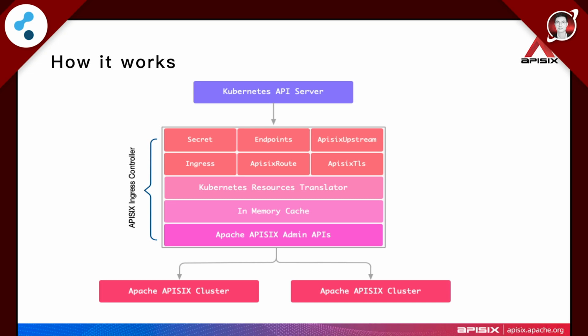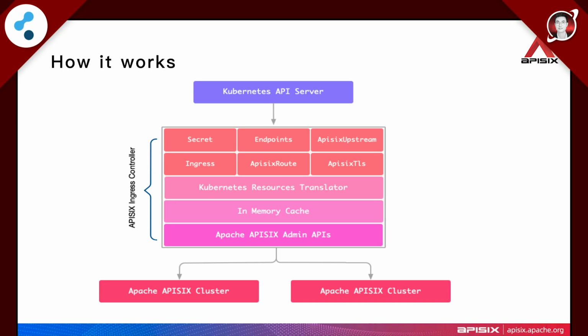Okay, let's talk about the working mechanism of Apache APISIX Ingress controller. It watches events from the Kubernetes API server, such as secrets, endpoints, and ingress in Kubernetes, as well as custom resource definitions, such as ApisixRoute, ApisixUpstream, ApisixTls, and so on.